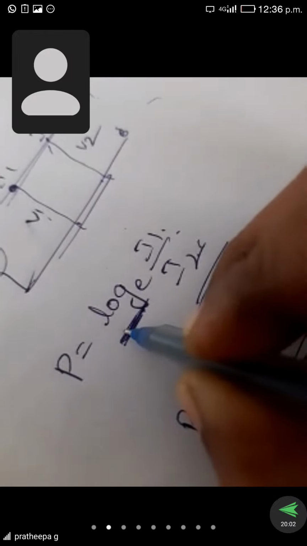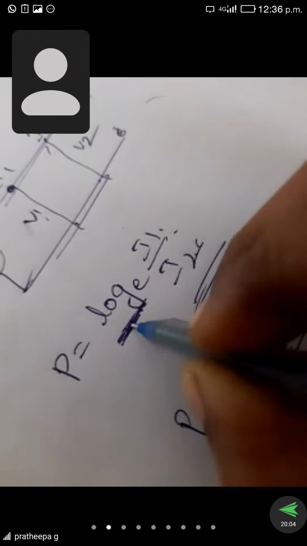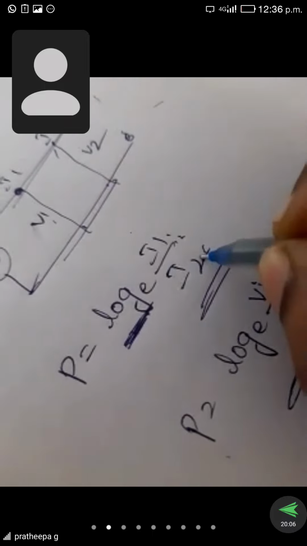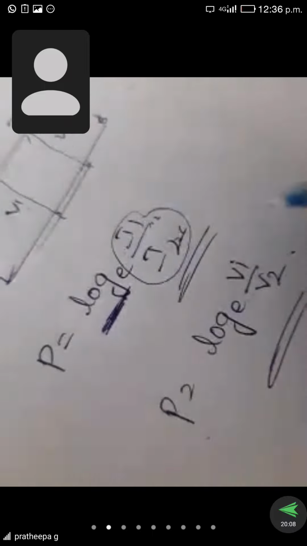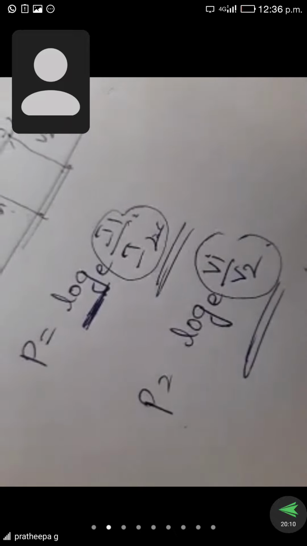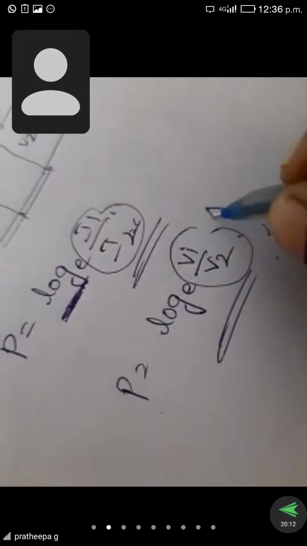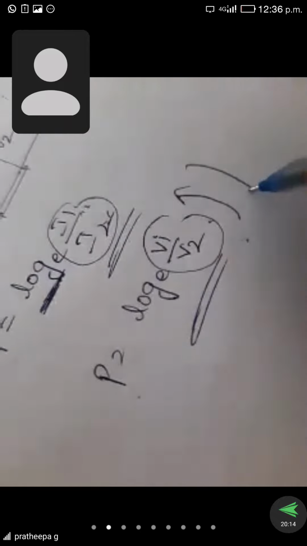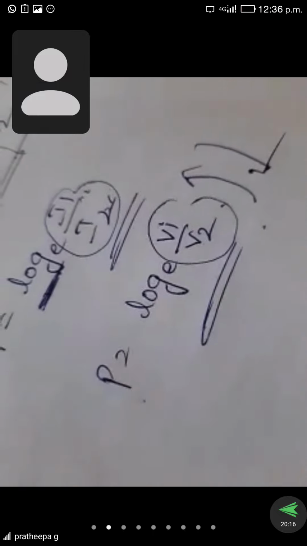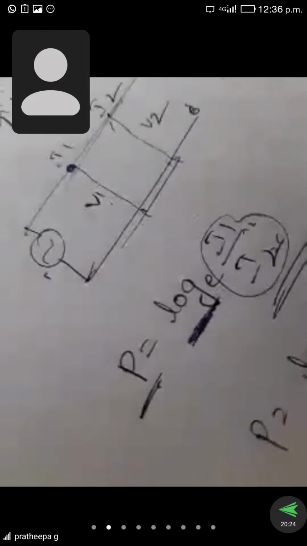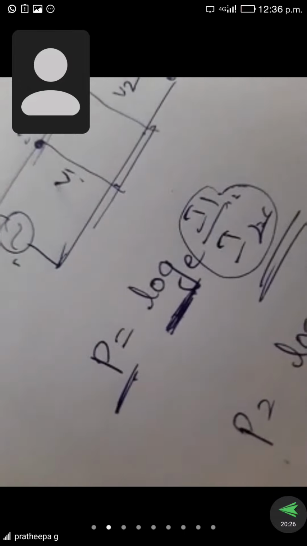The natural logarithm of the ratio of currents or voltages which are entering or leaving from the circuit. That is propagation constant. It will be represented with P.